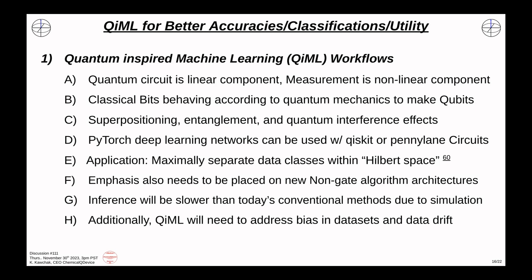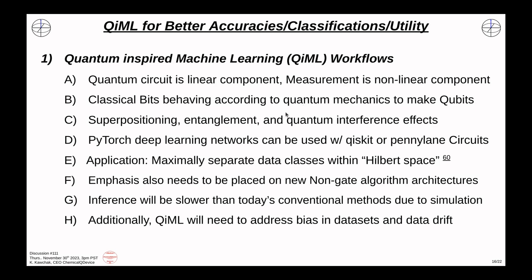And the way that all this is set up is very similar. I'll show you on a slide a little bit later: the quantum circuit is the linear component, and measurement is nonlinear. This is the same thing as neural networks, where you have to have a linear and a nonlinear component.